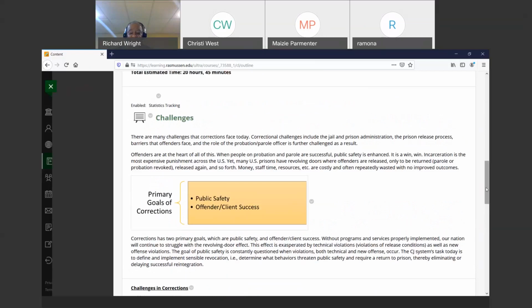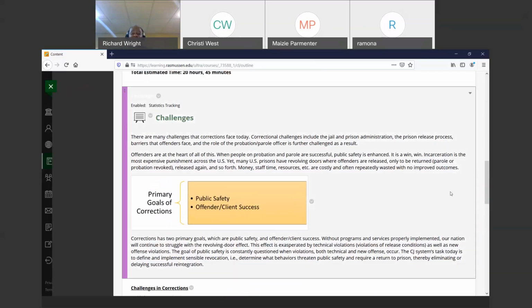That's your biggest issue in itself. So remember, there are two forms of possible violations, and those two forms come in the form of technical violations or new offense violations.